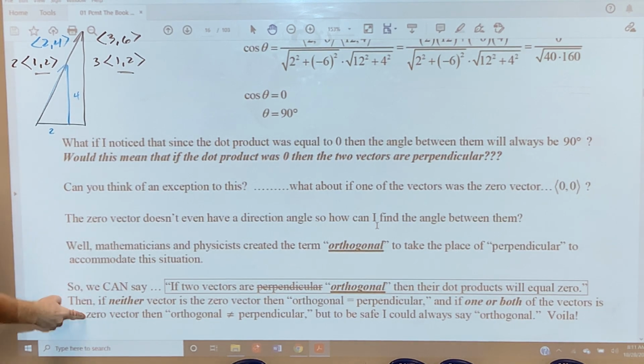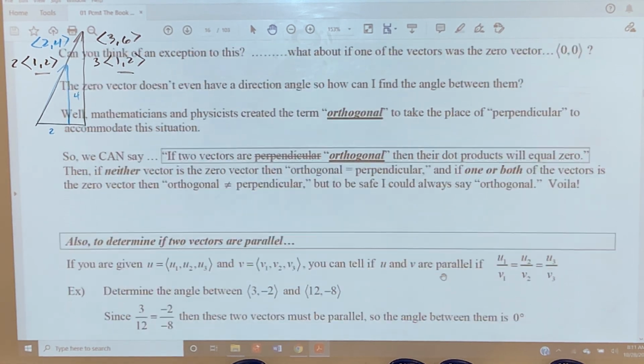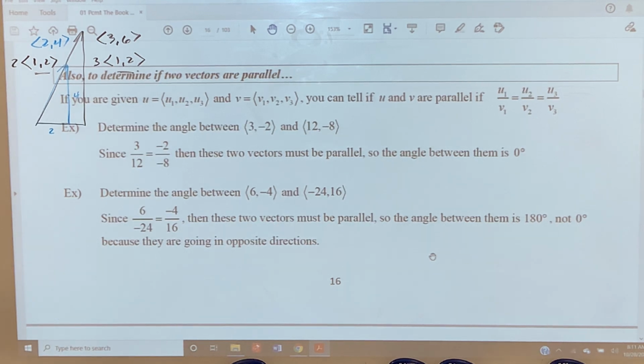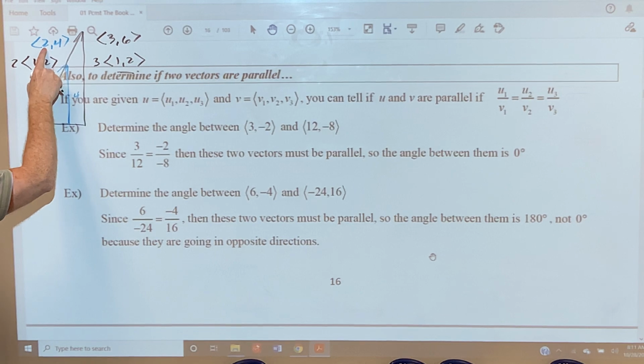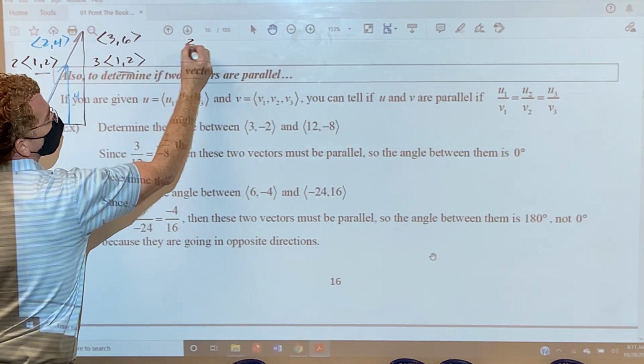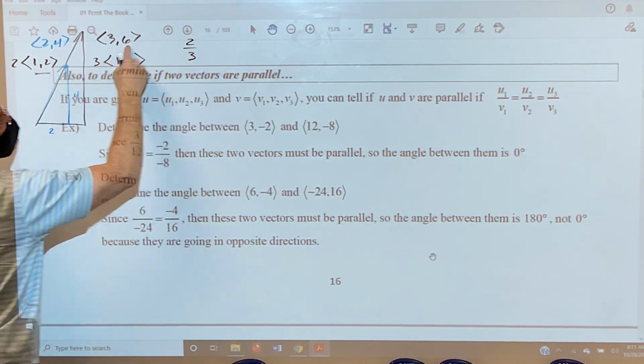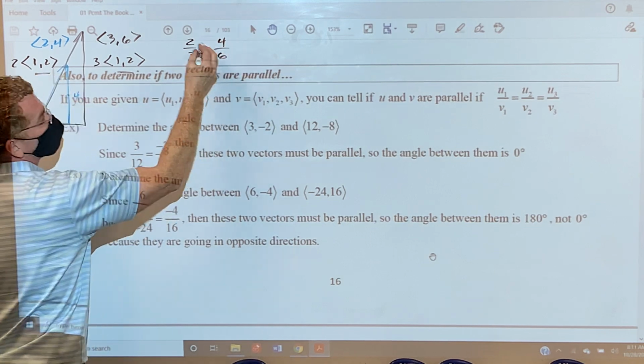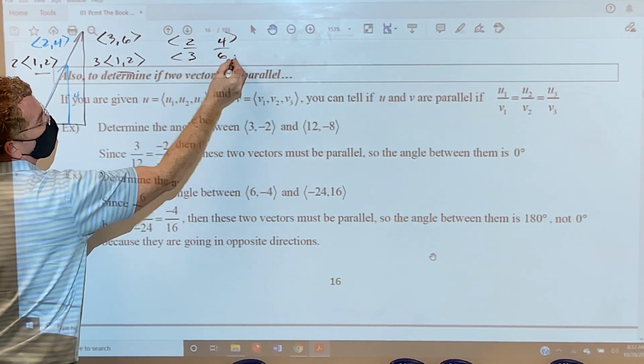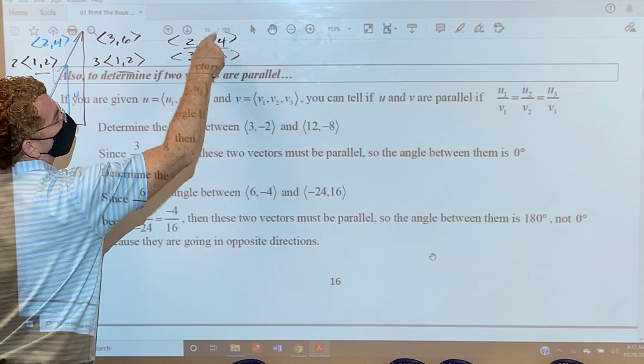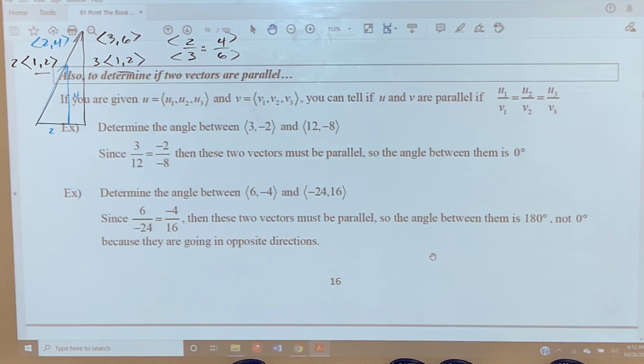So a little trick down here, and I'll come back and talk about that orthogonal. A little trick to deciding if they're parallel is, if they are parallel, you should be able to put 2 over the 3 and put 4 over the 6, or basically think of it as one vector over the other vector, and if these two fractions are equal, they're parallel.